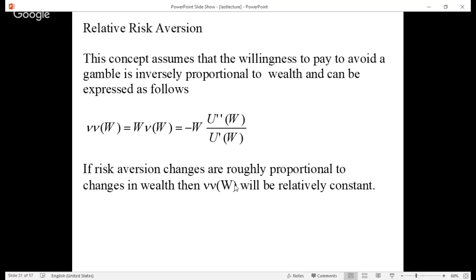If my risk aversion increases when my wealth increases, then it's positive. And if it increases slower than my wealth, then as I get richer, I become less risk averse, just like those functions that we saw on the previous slide.